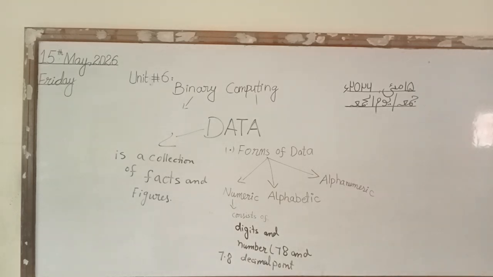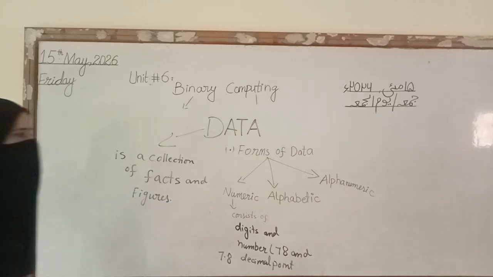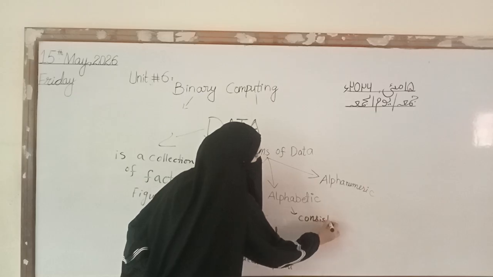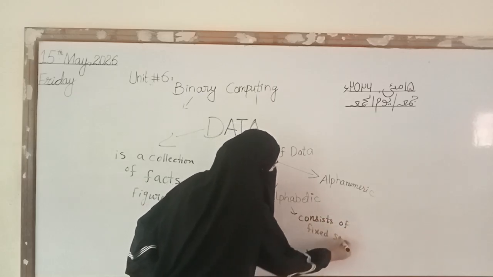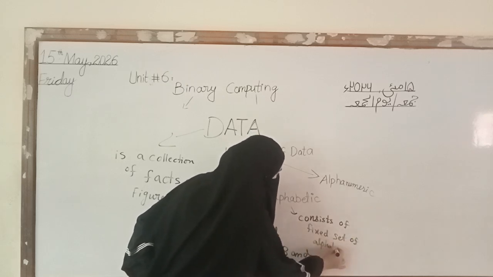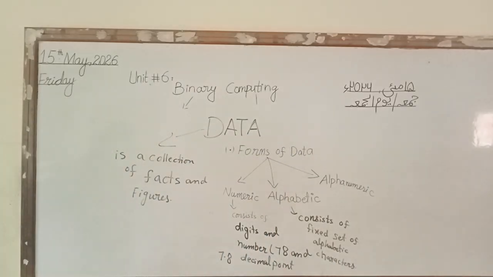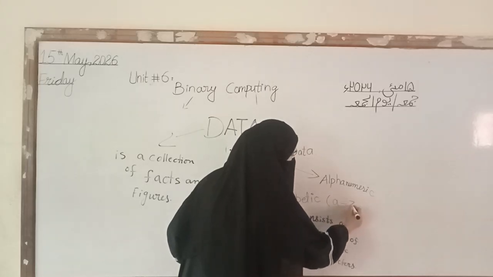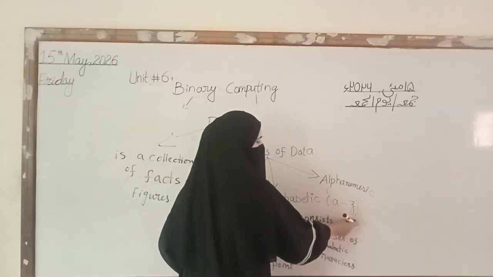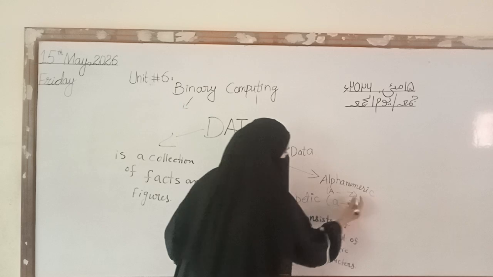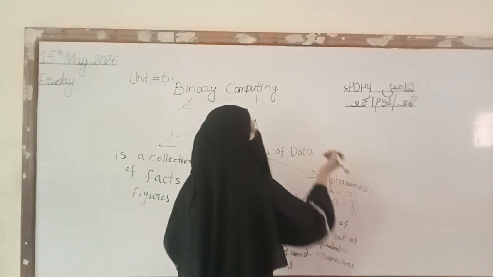Next is alphabetic data. Who will give me the example of alphabetic data, boys? Huzaifa Afzal. Alphabetic data consists of a fixed set of alphabetic characters, like from small a to small z, and capital A to capital Z. An example of alphabetic data is your name.